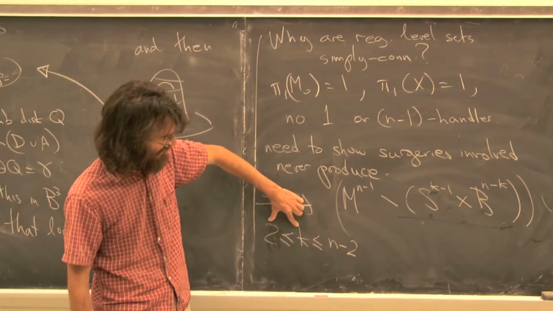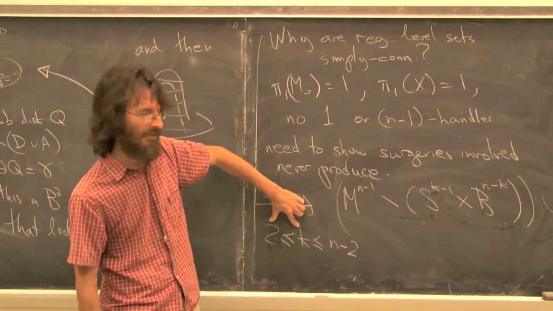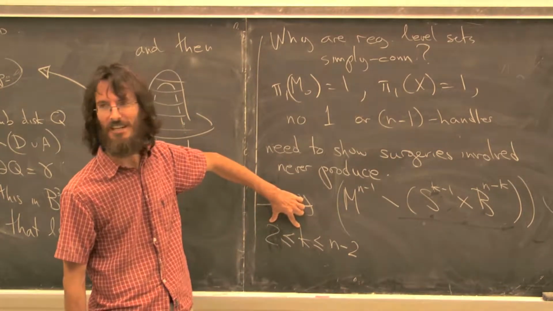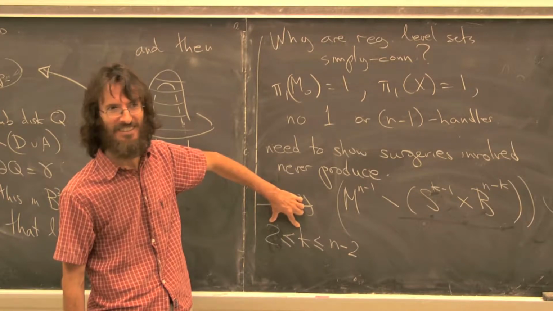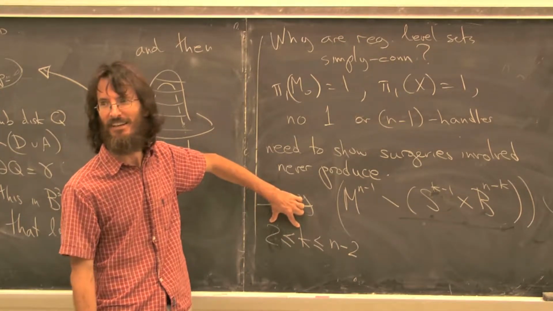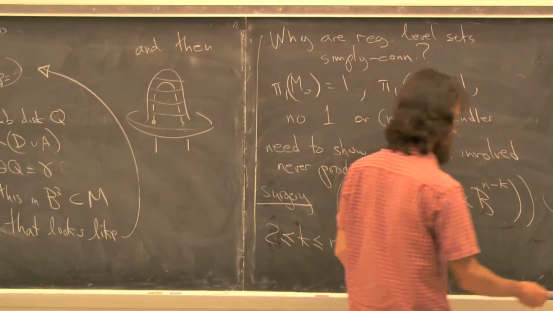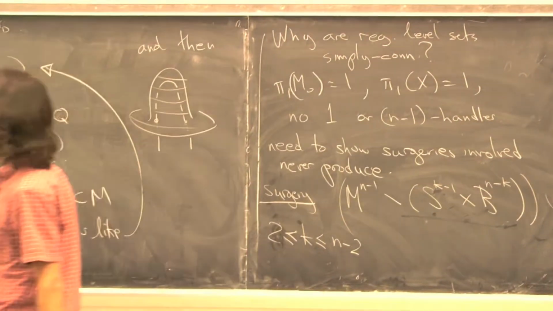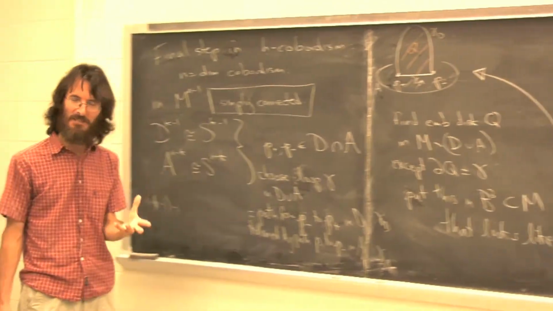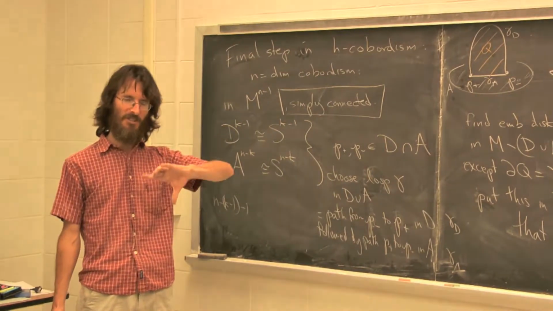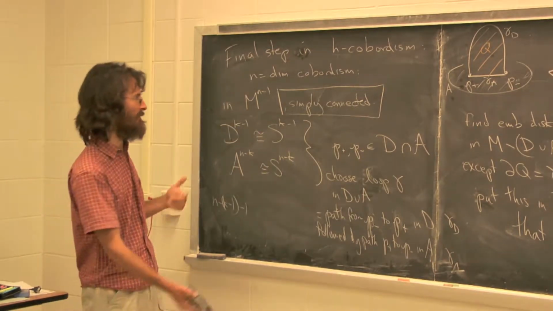We want to turn things upside down and make sure that k equals 2 is not the same as k equals n minus 2. It's always the idea that we want to turn things upside down and actually make progress. As long as n is bigger than 4, then k equals 2 is not the same as k equals n minus 2. So we turn it upside down and we work from the top down.